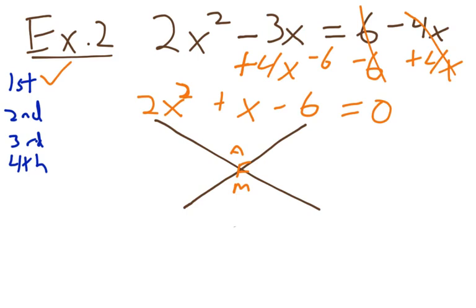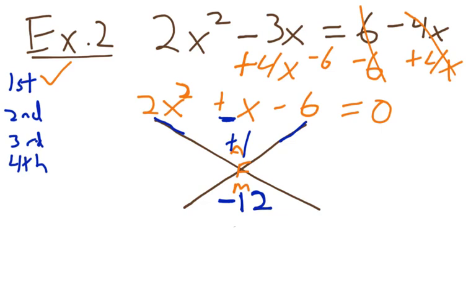So if I multiply my 2 by my negative 6, the M is on the bottom, so that would be negative 12. And then it's going to add up to my middle coefficient. What's the middle coefficient? Yeah, that's understood to be a positive 1.